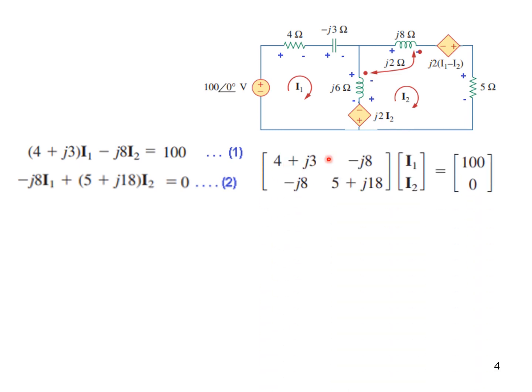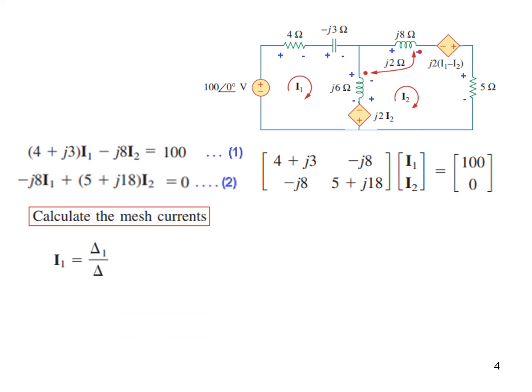So we have written it in matrix format, the magnitudes, these two unknown currents, and this is the voltage side. And if you recall, to calculate the two mesh currents, we'll be using this formula. I1 will be delta 1 divided by delta, and I2 will be delta 2 divided by delta.